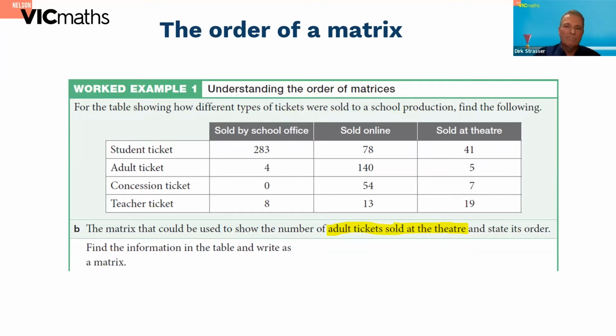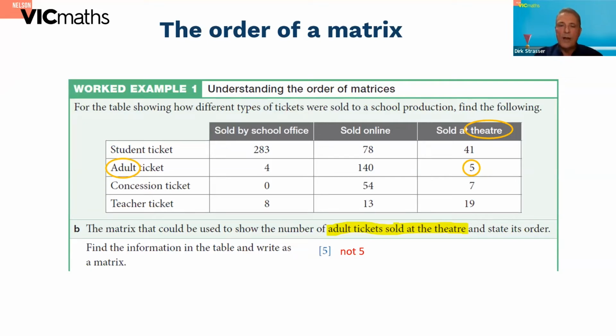Finding the adult tickets sold at the theatre is relatively easy because it's just identifying it from the table. But the correct answer is this, not that. There have been examiners' reports that say that on exams, students even got a simple question like this incorrect because they didn't put the square brackets around a single number. So obviously, you can't just write a number.